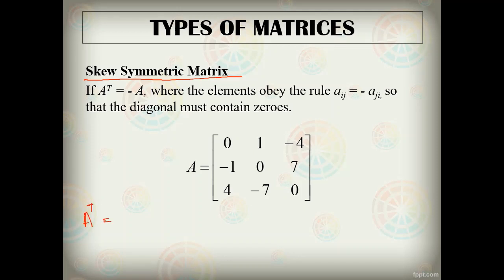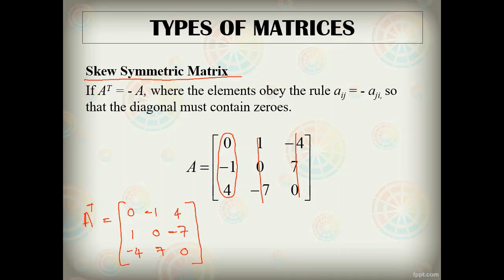So transpose the first column, so it becomes the first row: 0, minus 1, 4. The second one here, 1, 0, minus 7. And the third one here is minus 4, 7, 0. So that is your A transpose.